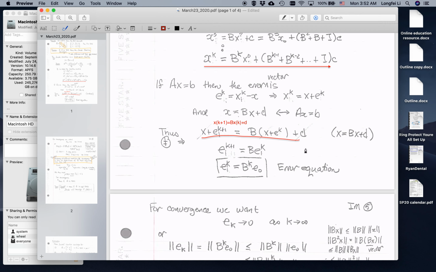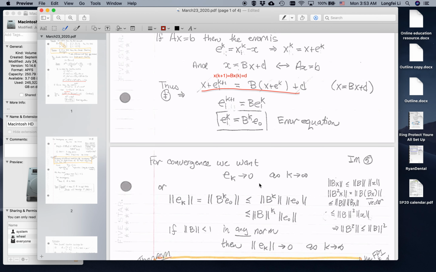If we keep on doing this, we end up with the error at the kth step equal to the matrix B to the kth power multiplied by the initial error. If we want to show that the method is convergent, we want to show that the error e_k goes to 0 as k goes to infinity.